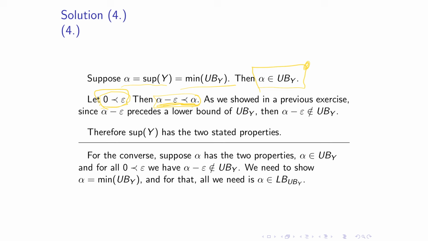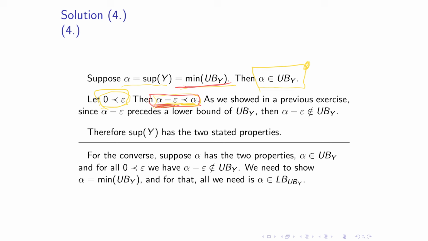Now, we also showed in a previous exercise that if you have a minimum, which after all we do, since alpha is the minimum of this set, and you take a smaller number, which we now have, then that thing cannot be in the set.